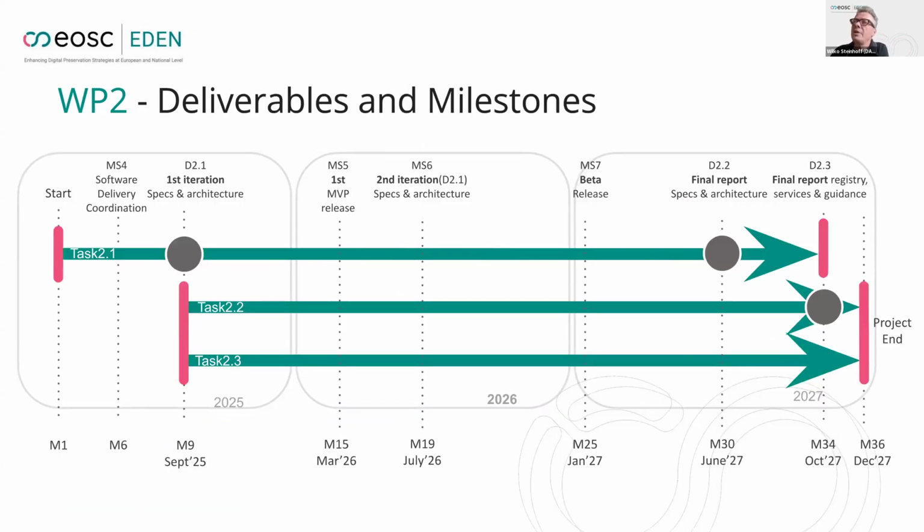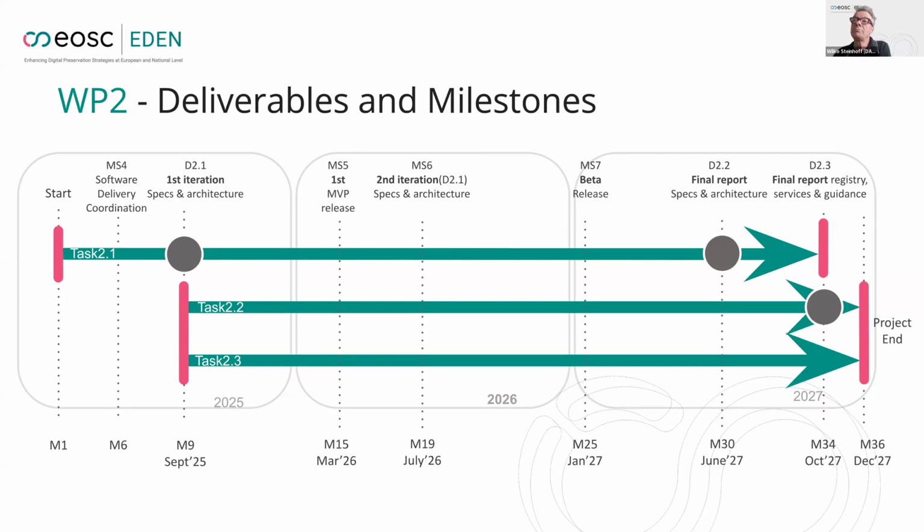Here's an overview of the deliverables and the milestones. As you can see, we had our first deliverable about specifications and architecture in September last year, month 9. And after that, task 2.2 and task 2.3 only kicked off.